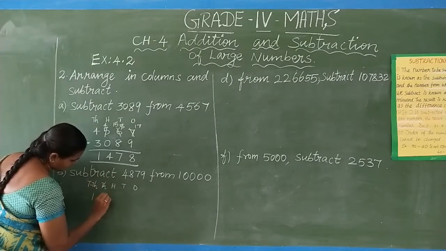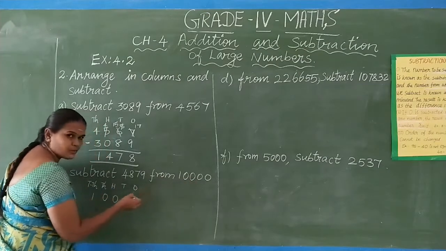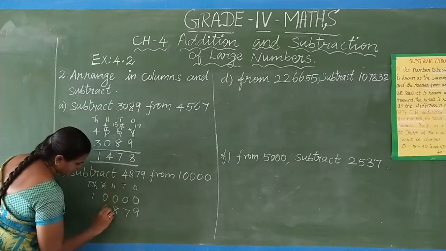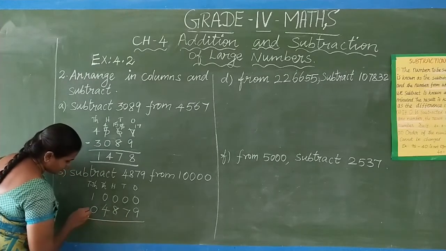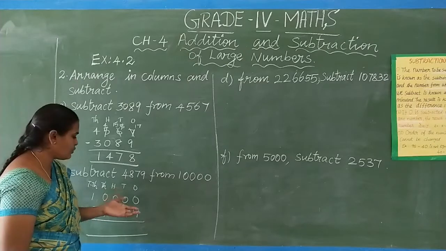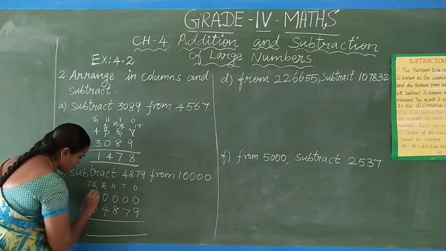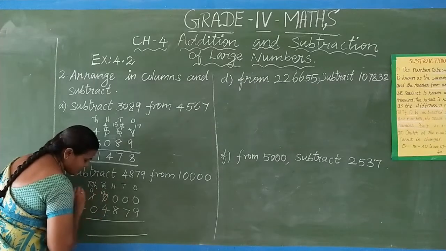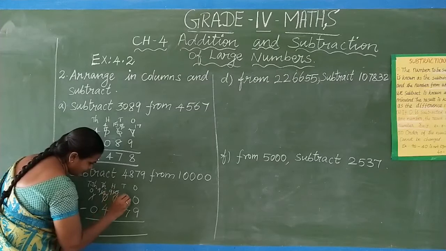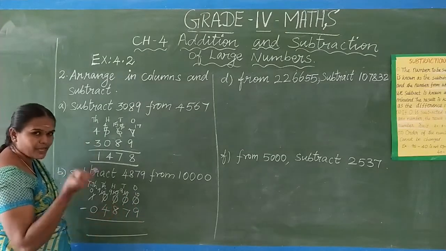So write 10,000. 10, then 9, this one is 10. 10 minus 9, 9 after 10, your answer is 1.